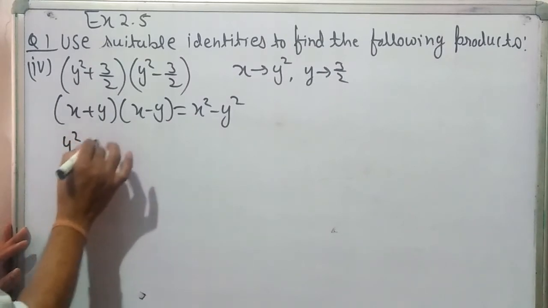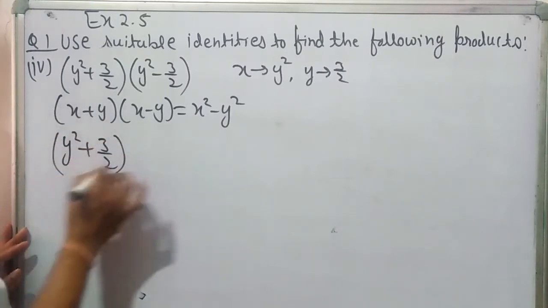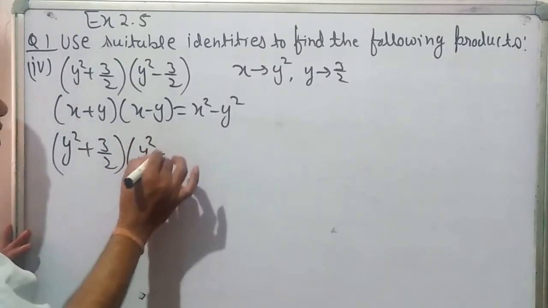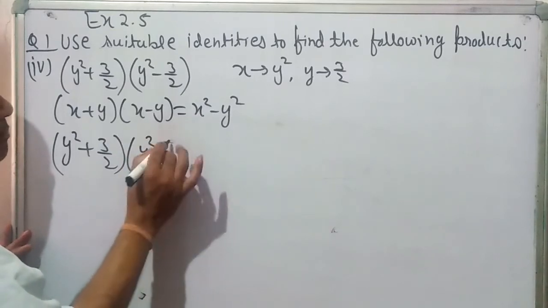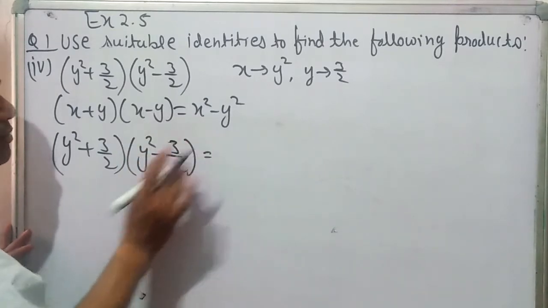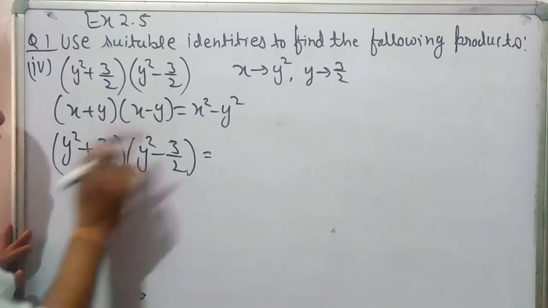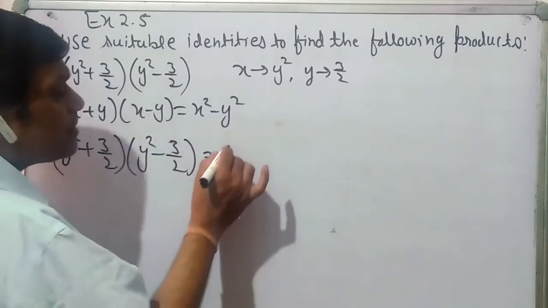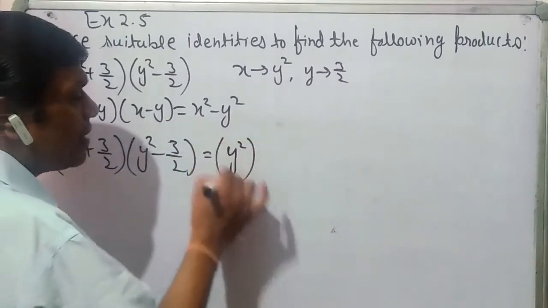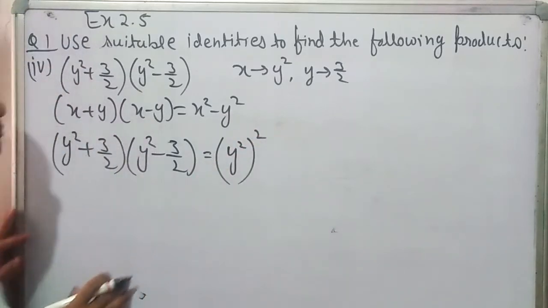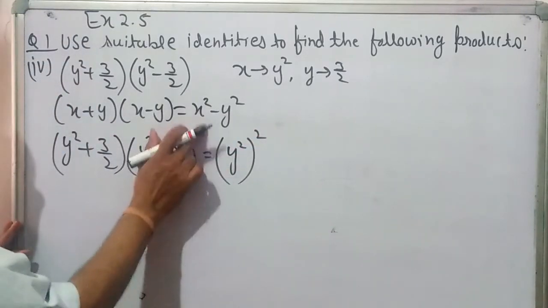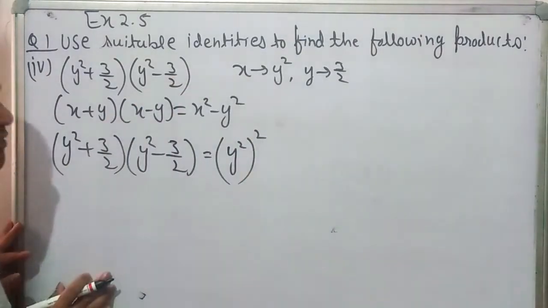So what we can say, (y² + 3/2) multiplied with (y² − 3/2) should be x² minus y². What is x? y², its whole square. In place of x we are placing y², which we have identified.